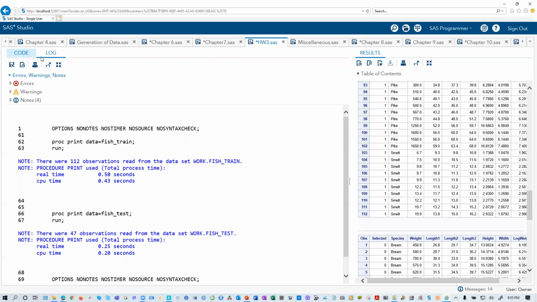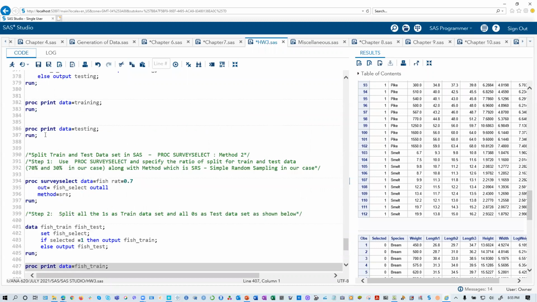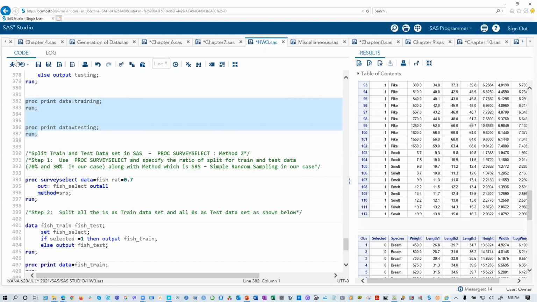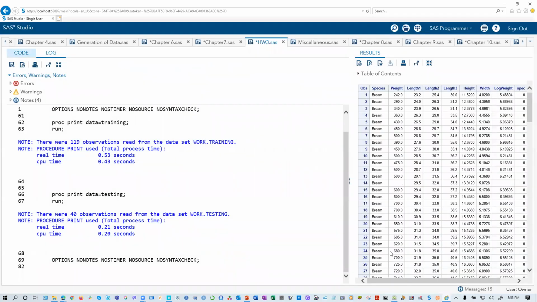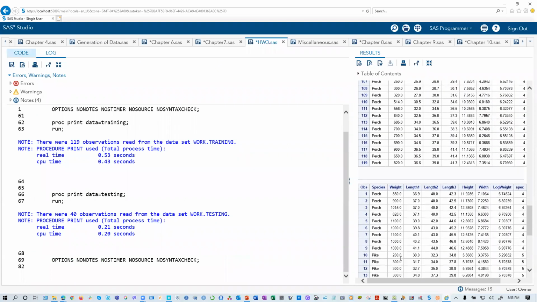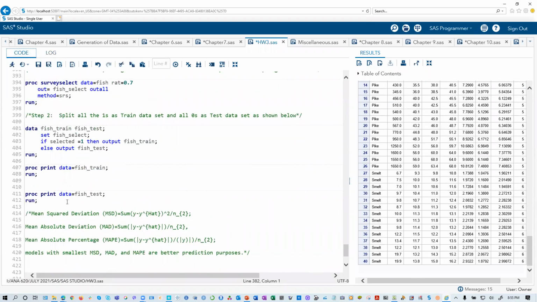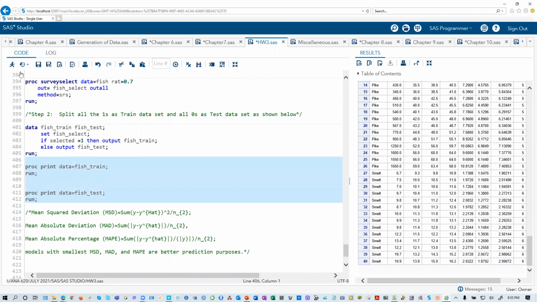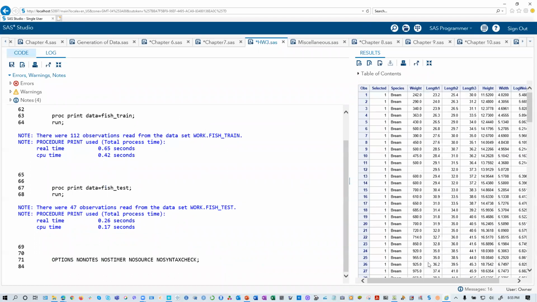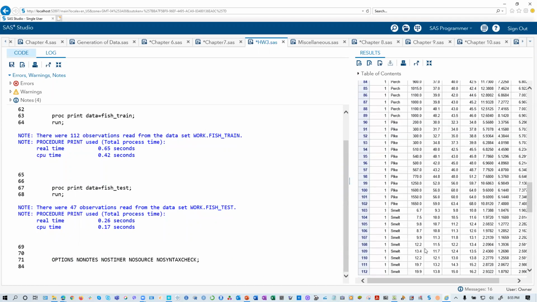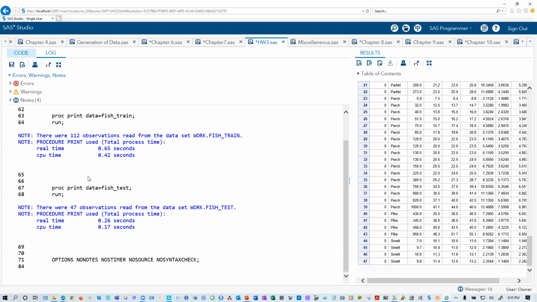Earlier, they were randomly assigned to the training and testing samples, 119 and 40. Now we have 117, 112 and 47. That is pretty close.